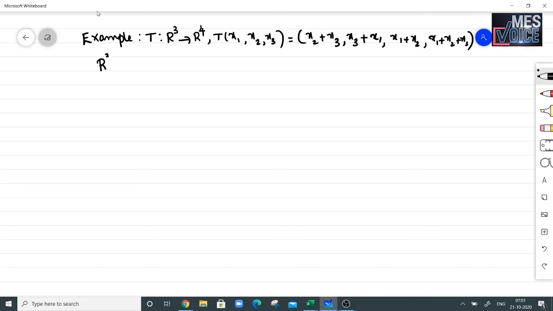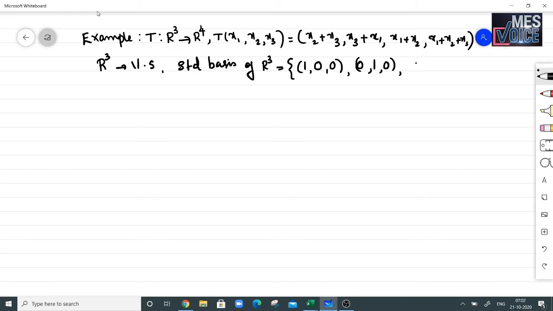Here R cube is a vector space. We want to know what is the standard basis of R cube. The standard basis of R cube is the ordered triplets (1, 0, 0), (0, 1, 0) and (0, 0, 1). This is the standard basis of R cube. Before writing the matrix, we should know about the basis of the vector space.